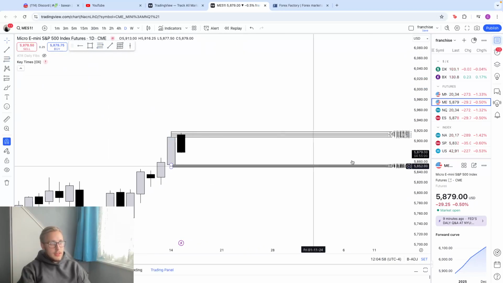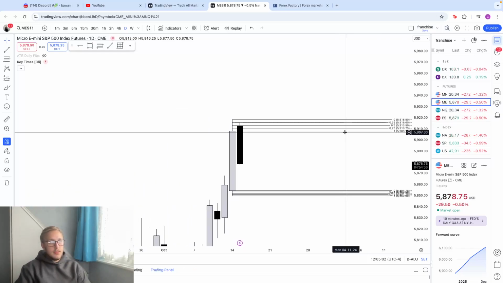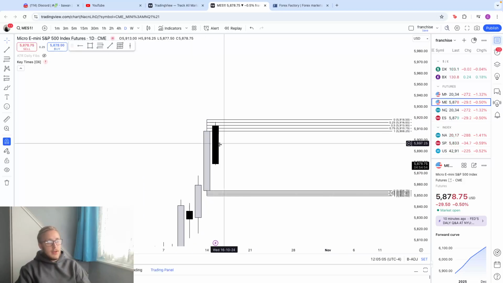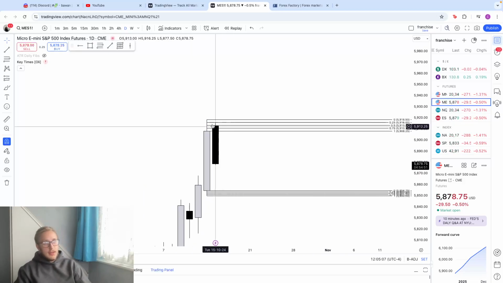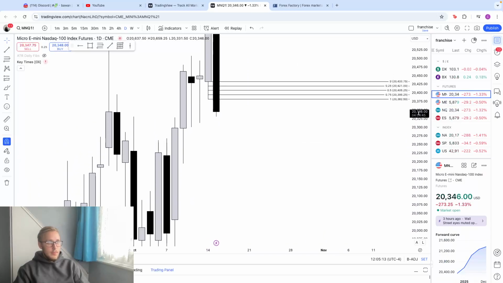The reason we're using the quadrants is because wicks are gaps, so for price to react off this daily high, it doesn't have to come and sweep the high. It can just come up to the quadrants, just like we can see, like this.